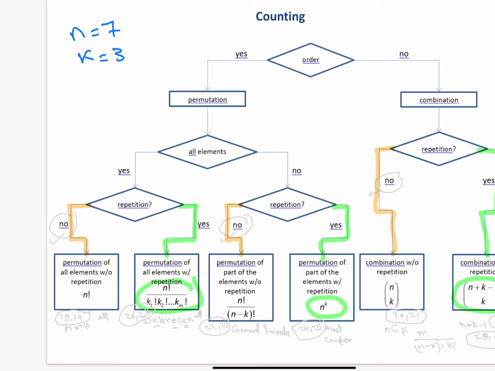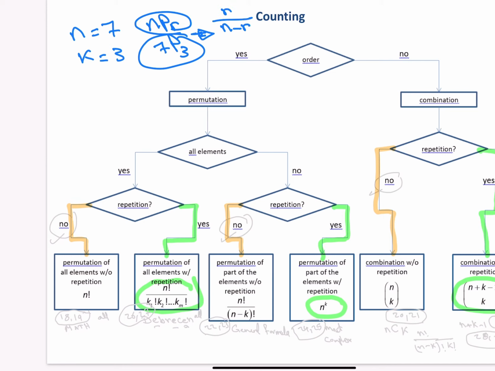So I have the general formula of permutation, nPr. 7P3, the number of ways will be equal to n factorial on the top and n minus r factorial in the denominator.